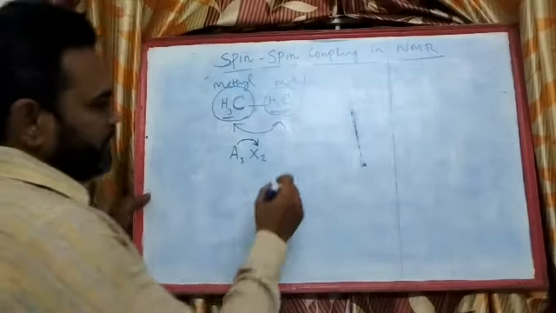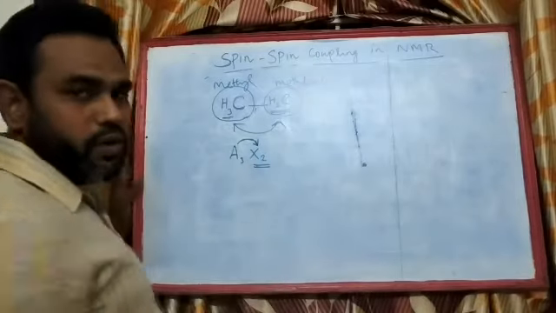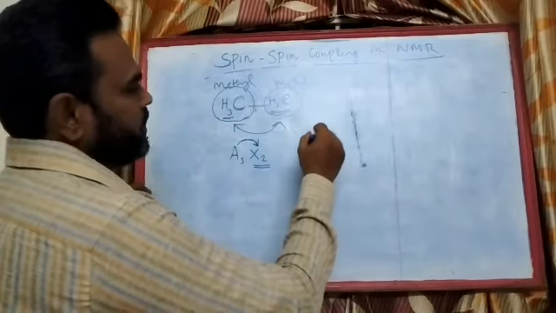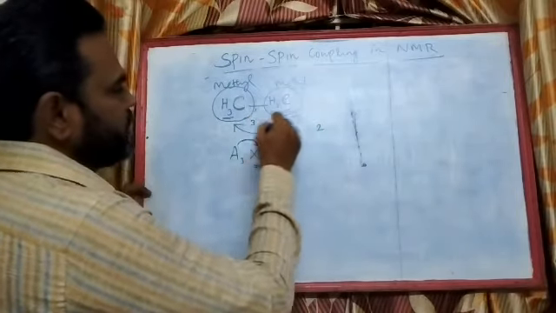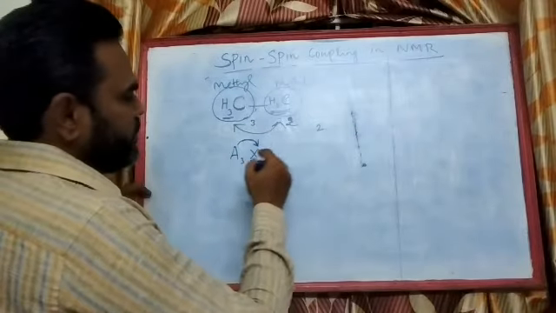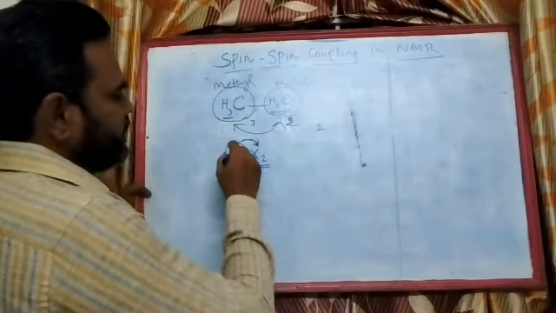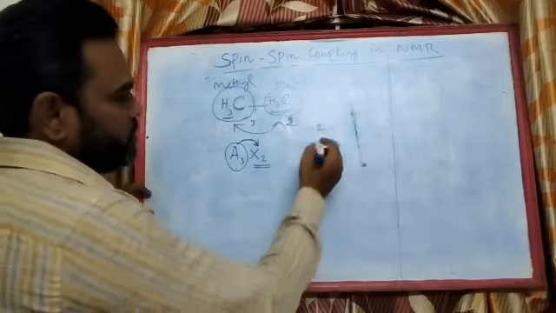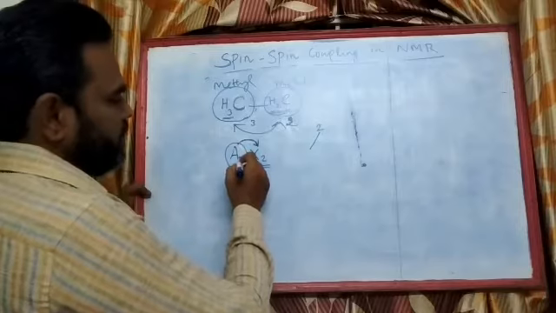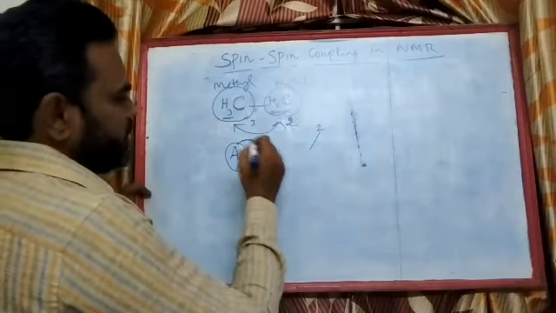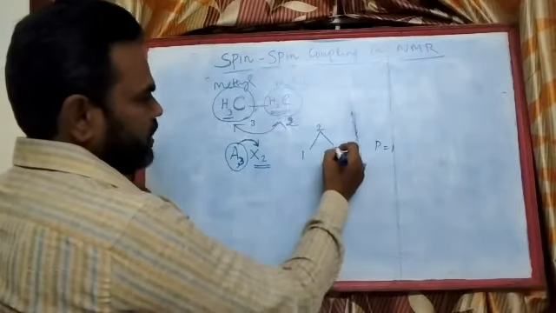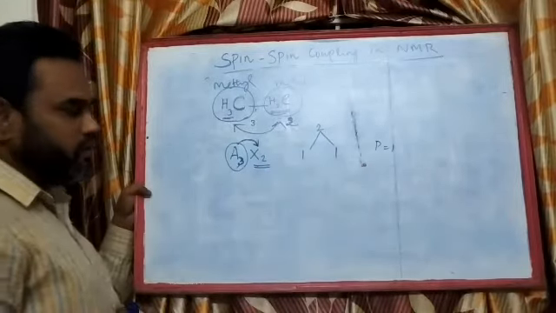So what will be the intensity of the X2 protons? Because there are 2 protons, intensity will be 2, and the intensity of the A3 protons will be 3. When A3 interacts with X2, it will first be split by the first proton of the 3 protons. The first proton interacts with X2, so it will be split into 1:1.